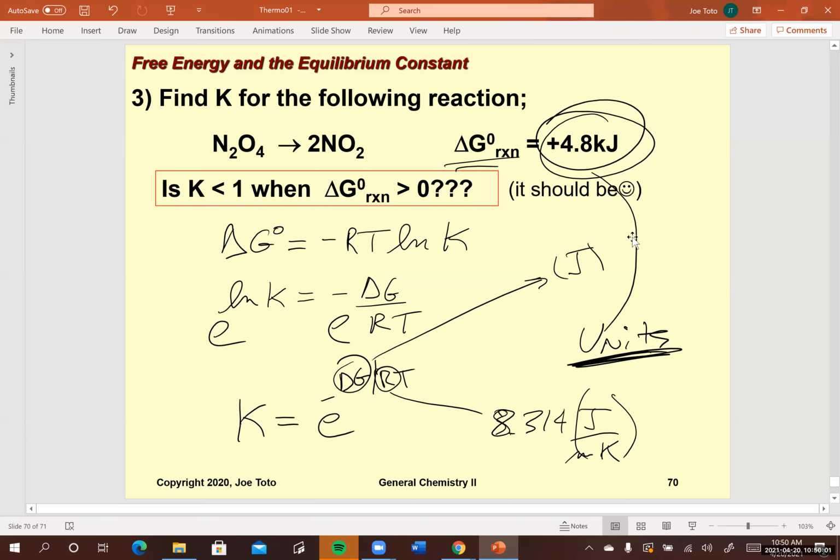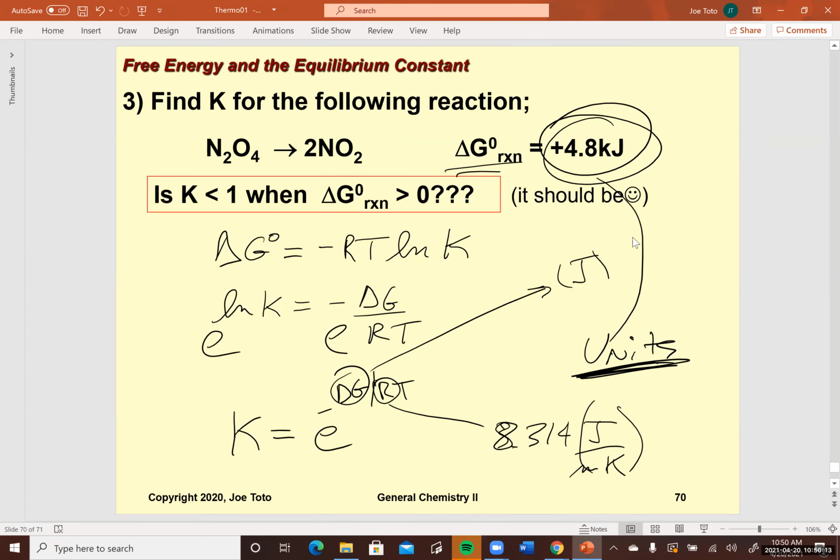I have a question for the example that we did for number one, the predicting the shift. When we use that delta G zero equation with the summation, I guess we couldn't also use this delta G zero equation because they didn't give us K, or we couldn't find K. Yeah, which one are you referring to?